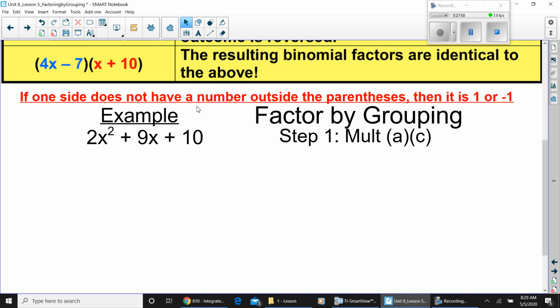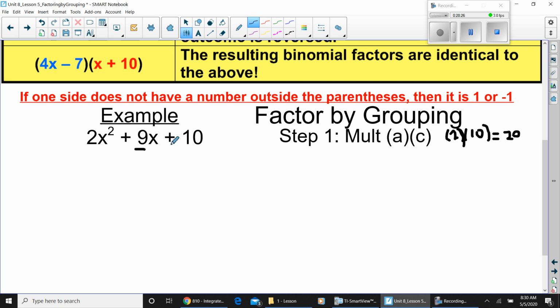All right, so we're going to take 2. We're going to multiply 2 times 10. And we are going to get 20. So you have to look for two numbers that multiply to 20 and that add to 9.